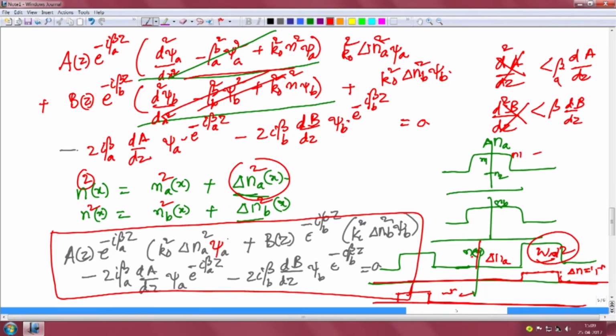So, if you multiply this whole expression with psi A, the factors are, there is a psi A here and there is a psi B here. When you multiply with psi A, this will go to 0 and this will be multiplied by psi A psi B, so it is not going to be 0. Let us see what comes out.